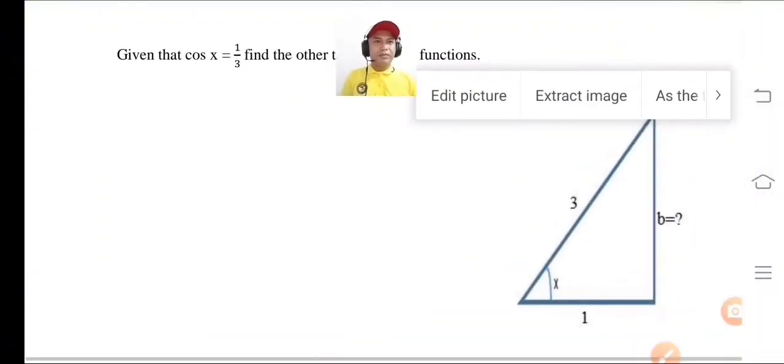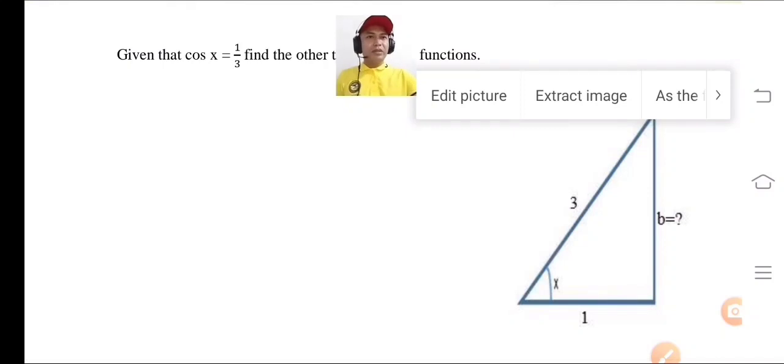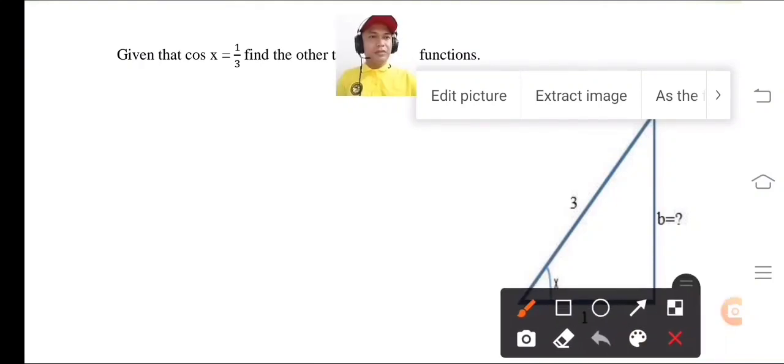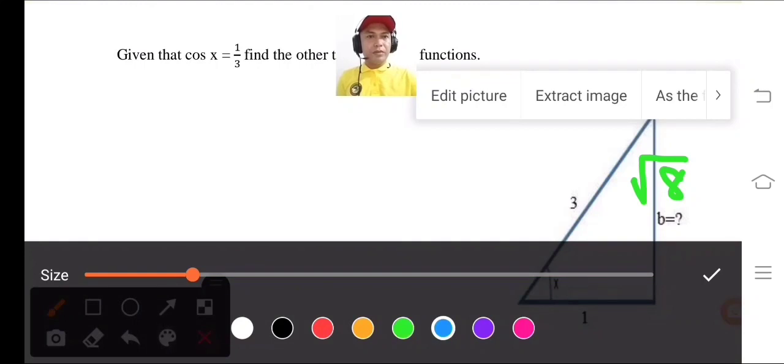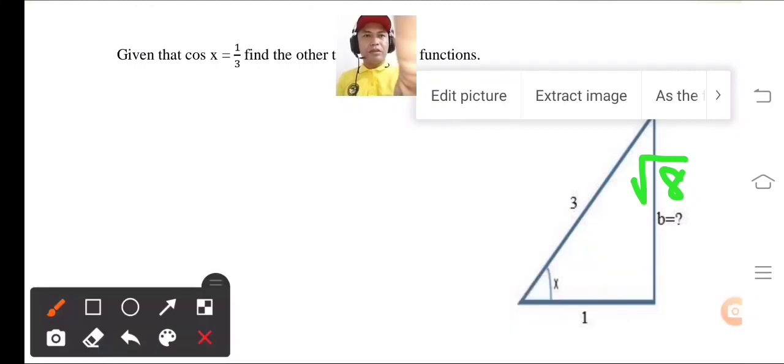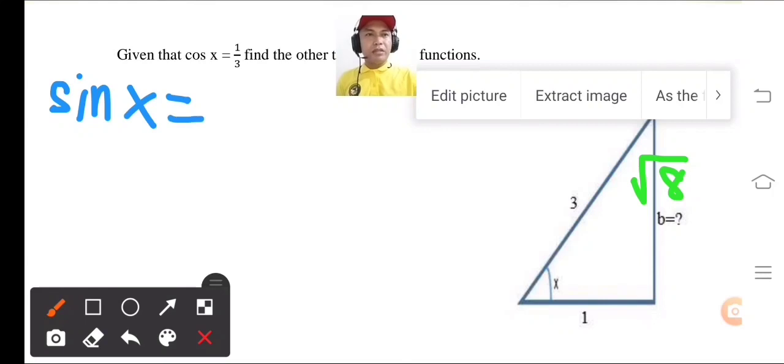So b is square root of 8. Sine x is opposite over the hypotenuse.